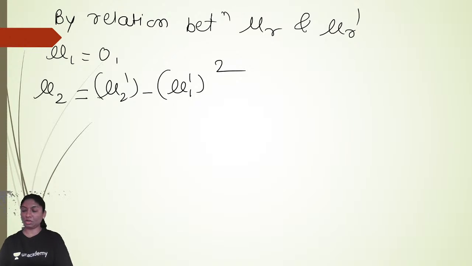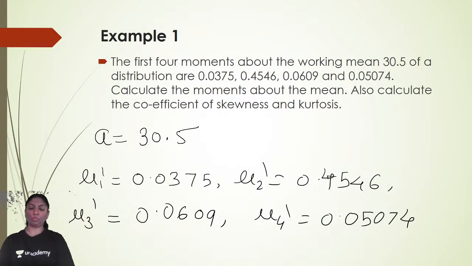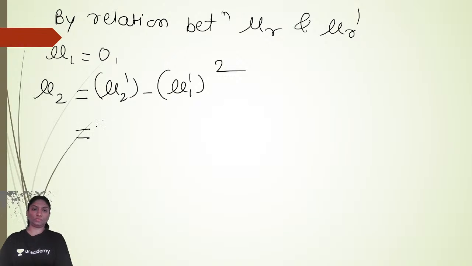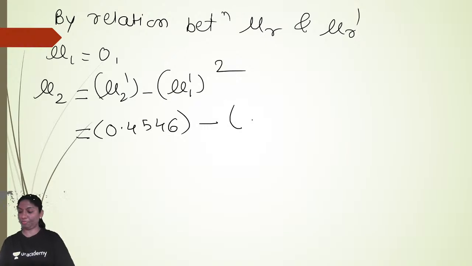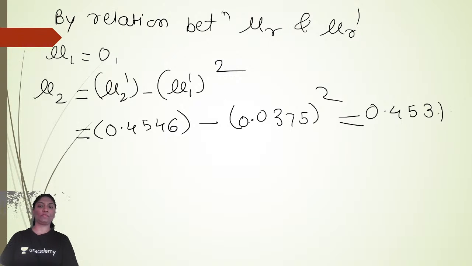The value of mu2 dash is 0.4546, minus mu1 dash, which is 0.0375, bracket square. Just calculate this and you will get mu2 equal to 0.4531. You can cross verify with the help of a calculator.